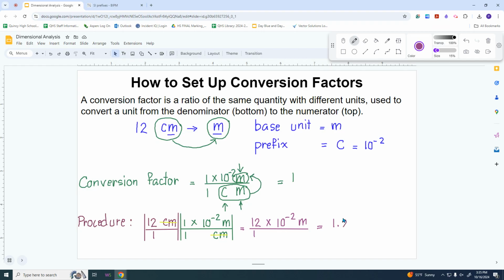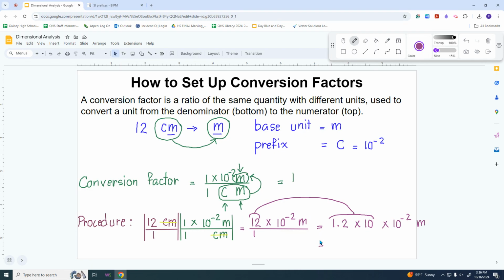If the front number is 1.2, 10 to the negative 2 cannot stay as 10 to the negative 2. That has to change. You can think of 12 equal to 1.2 times 10, okay? So that is 12 over here. It is 1.2 times 10 multiplied by 10 to the negative 2 over here. And don't forget the unit meter, okay?